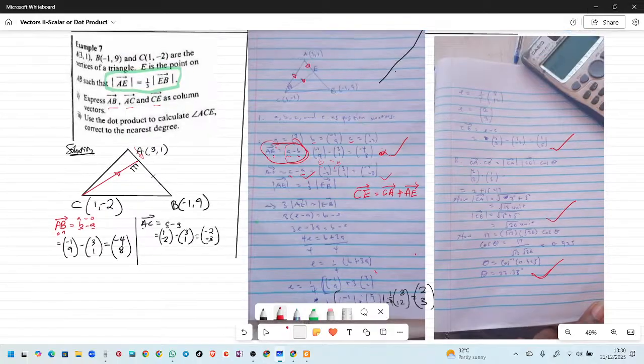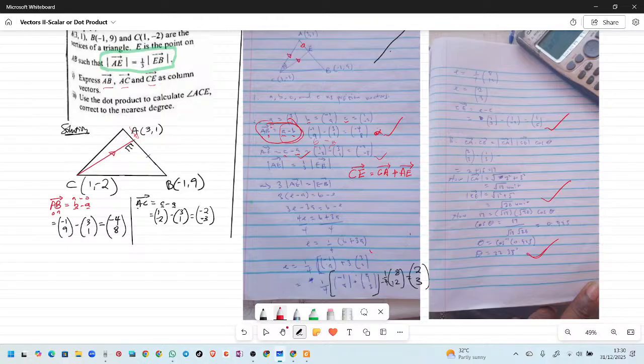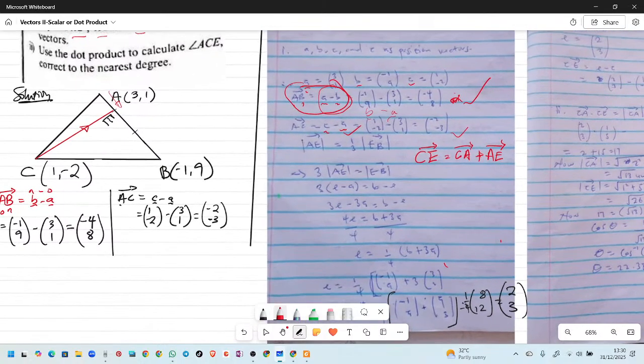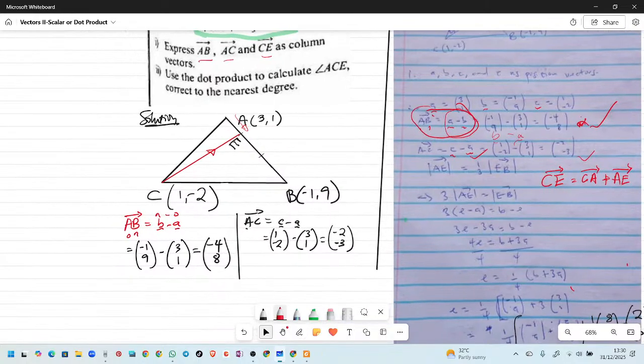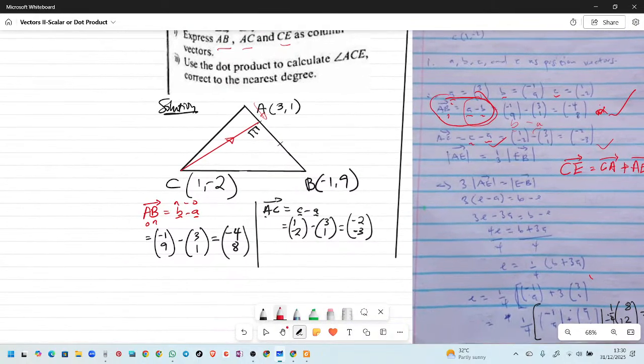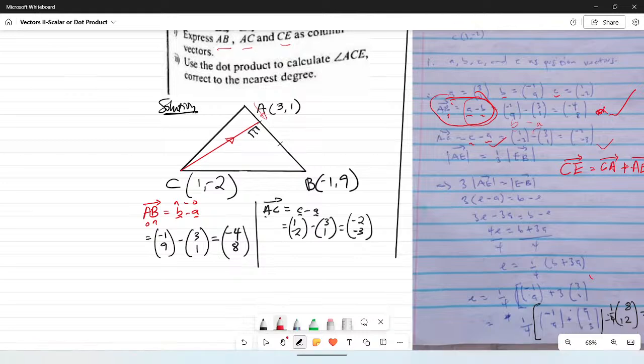Okay, I have to pick something in town. Let me see if I can also use a different technique. I found this, so I want to find E, right? What I know for sure is that, let me use the space I have over here.